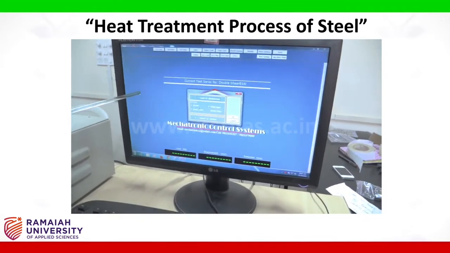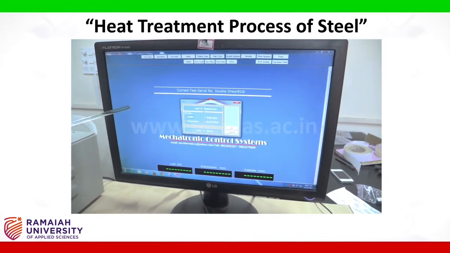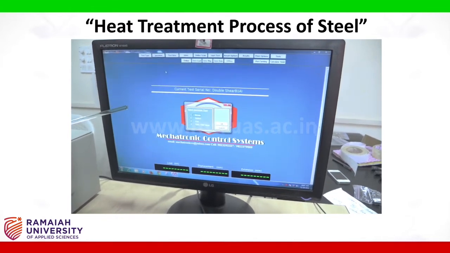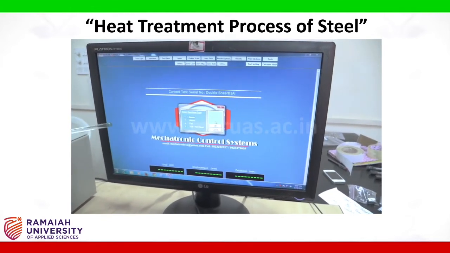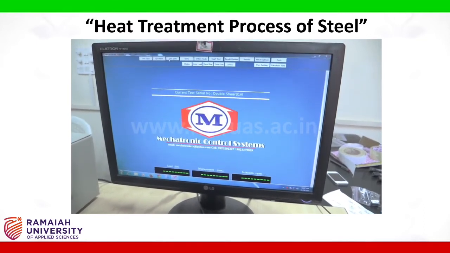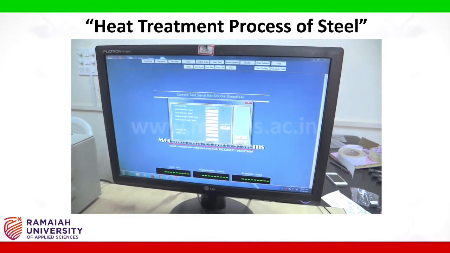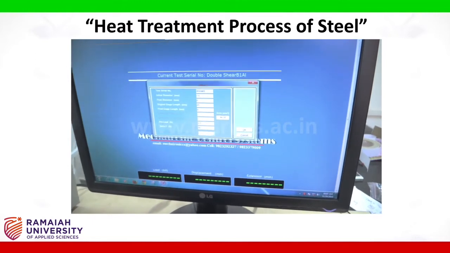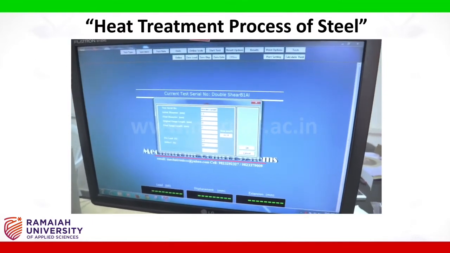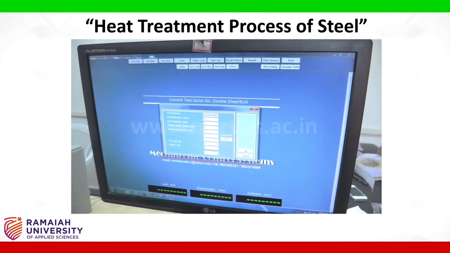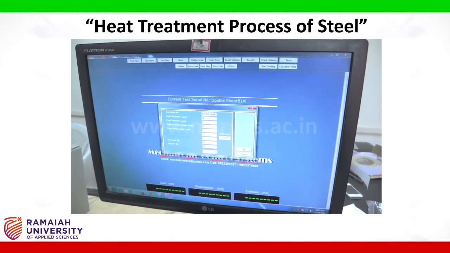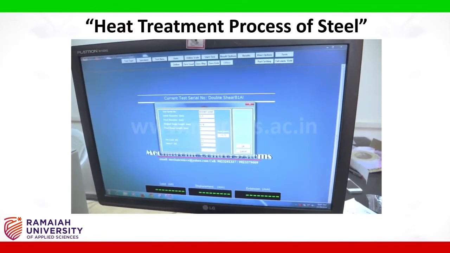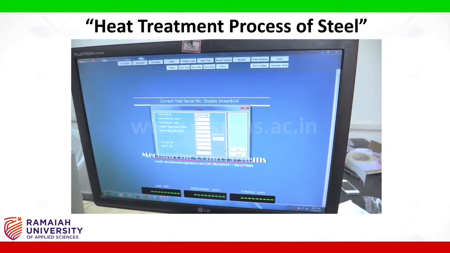Test type: tensile, load versus displacement. Specimen: round. Test data: annealed sample, initial diameter 12.5, gauge length 62.5 as per ASTM standard E8.